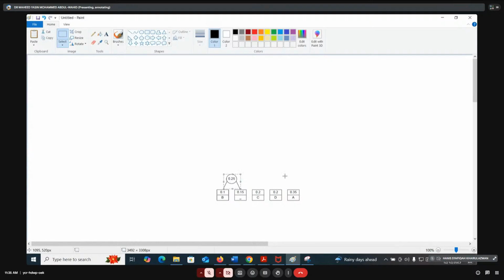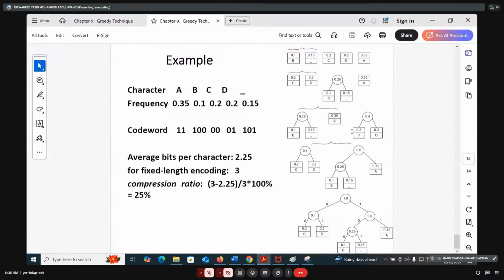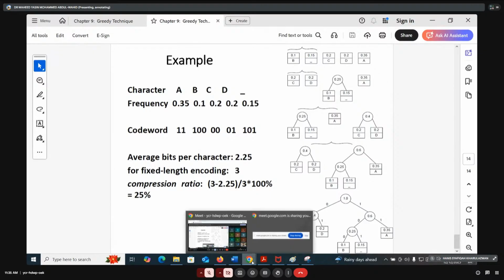Okay, now this one, 0.25. Also look at this here. I can make here 0.2 and 0.2, each node here.